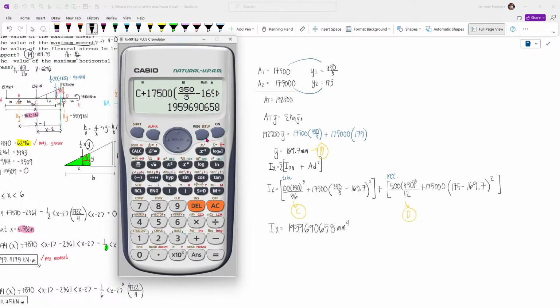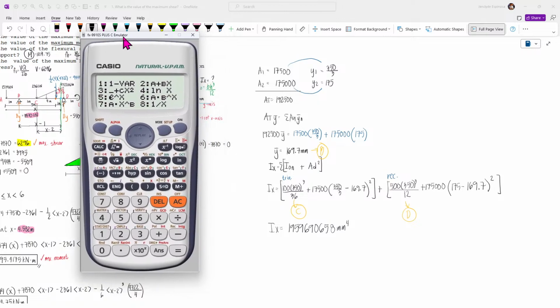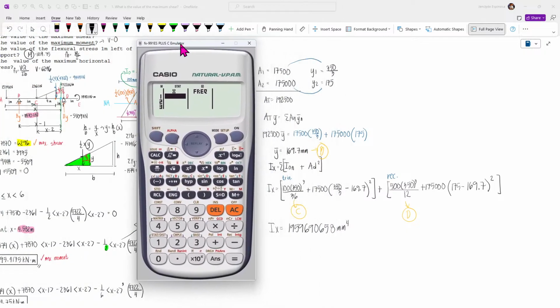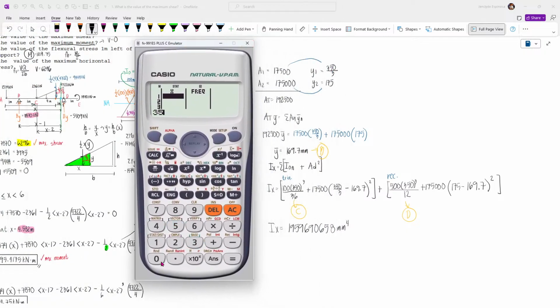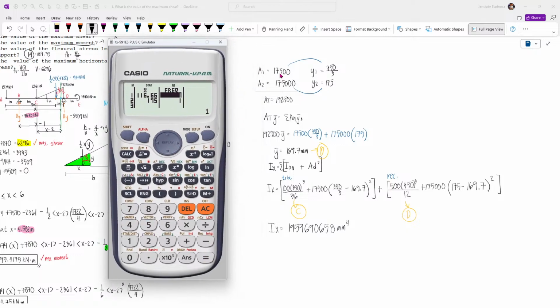Now to do i-check gamit ang Caltech. So di ba Caltech no kay diri ka sa stat, and then ay ka one variable. So x og frequency, ang x ang distances, ang frequency ang areas. So distances na to, y1 and y2, we have 350 over 3 and then 175. And then for the frequencies, again, ang area, 17,500 and 175,000.